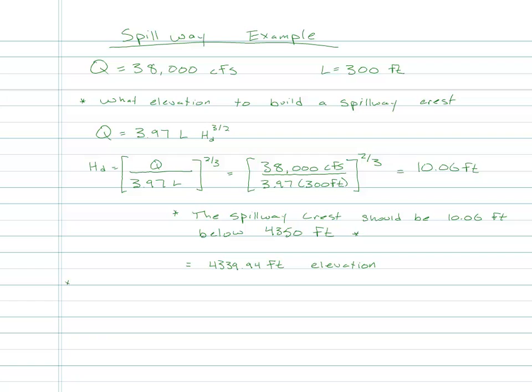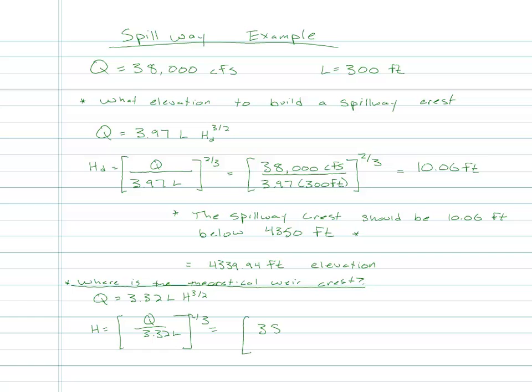The other question that's asked is, where is the theoretical weir crest? So to address this second part of the question, we simply look at the sharp-crested weir equation, because we're going to find the theoretical crest of that sharp-crested weir. And again, we can rearrange the expression to solve in terms of H, and substitute in the values that are known.